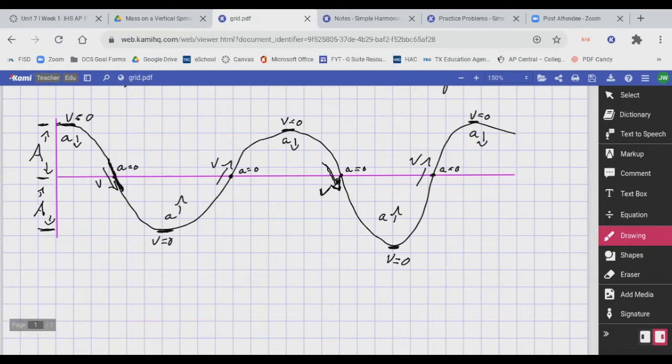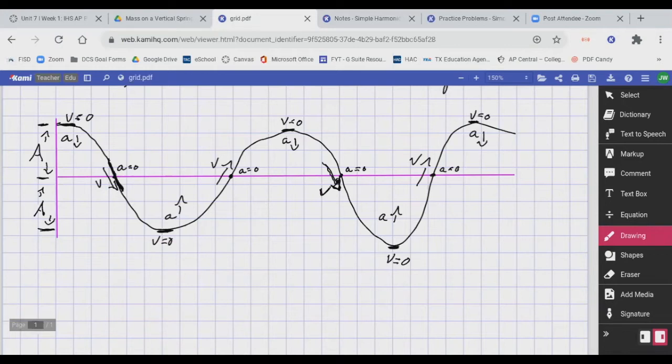Then it starts speeding you up back towards equilibrium, and you overshoot again. Acceleration changes direction and slows you down to 0, causes you to turn around and start heading back towards equilibrium.